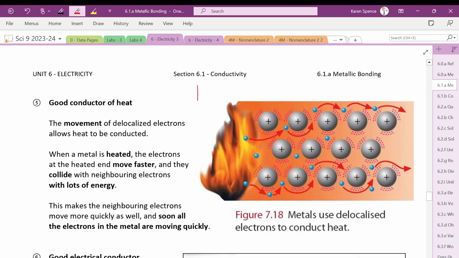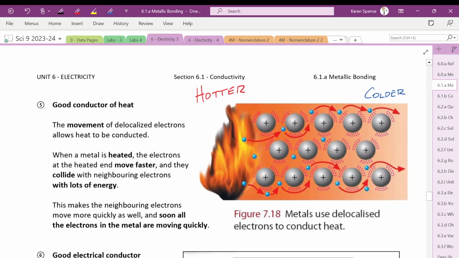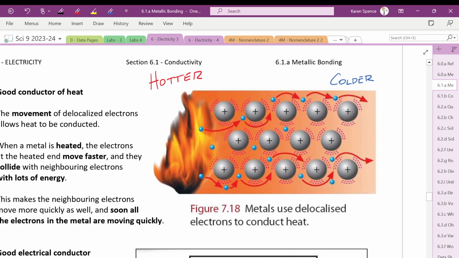This end of the wire is hotter. This end of the wire is colder. It is just a law of nature that when you have a hot area and a cold area, the heat will transfer from the hot area to the colder area.